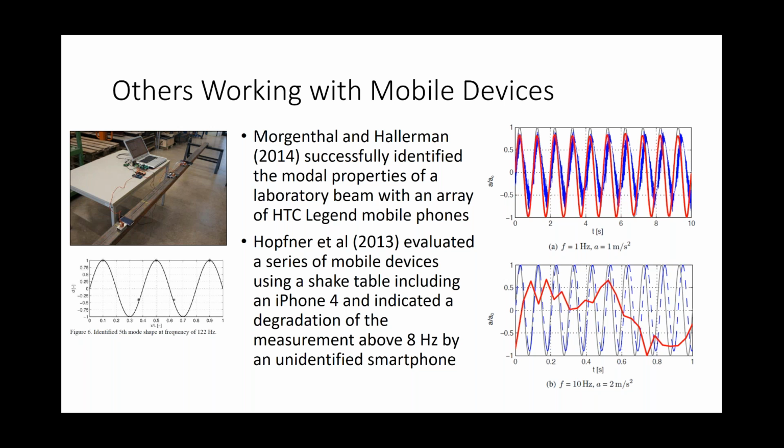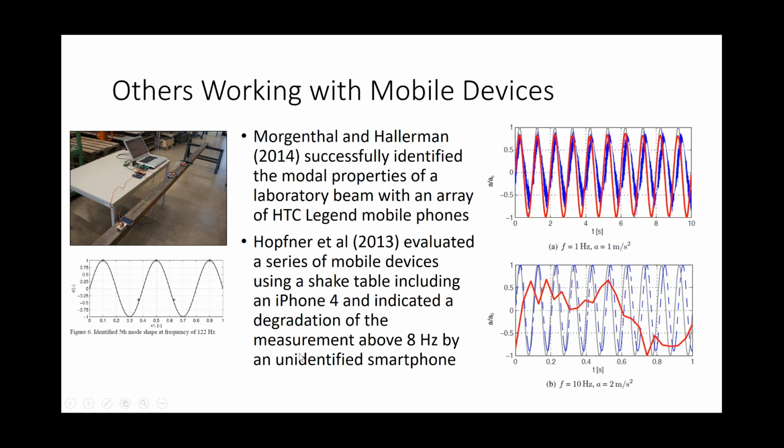So Morgenthau and Hallerman found modal properties for a laboratory beam with an array of HTC Legend mobile phones. Hofner and the team there evaluated a series of mobile devices using a shake table and an iPhone 4, and they found good agreement at low frequencies, around 1 hertz, but they saw that there was degradation of the measurement above 8 hertz.